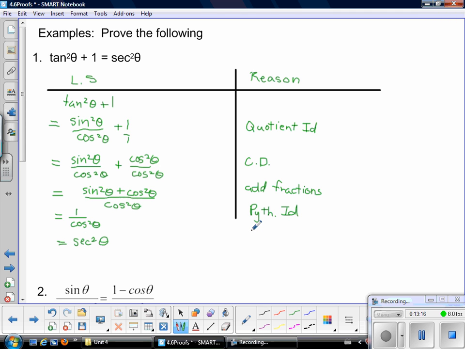And the reason being, reciprocal ID. Now I have this equal to the right side, and I finish off my proof with therefore tan squared theta plus 1 equals secant squared theta.